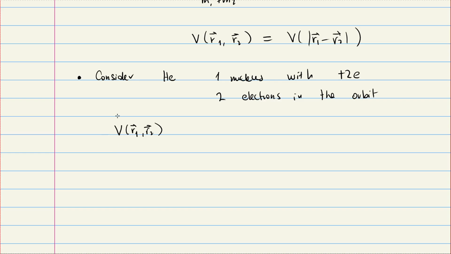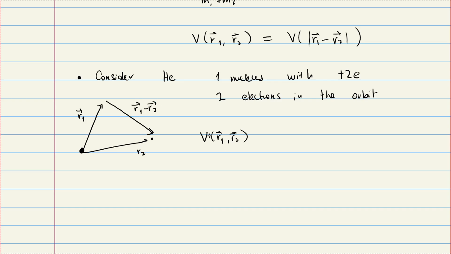let me also give you a picture. There's some nucleus, and there's R1, and the other electron has R2, and they have relative position R1 minus R2. This interaction potential is going to depend, first, on the interaction with the nucleus, 1 over 4 pi epsilon naught, with plus 2e here, minus e here, and minus e here.